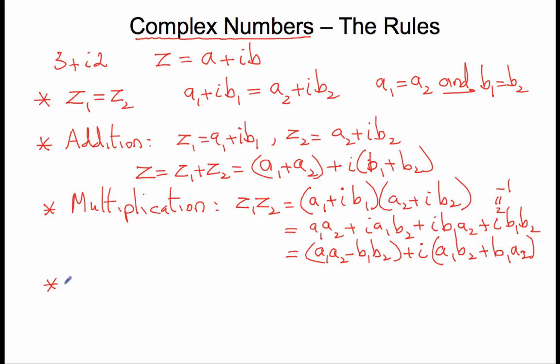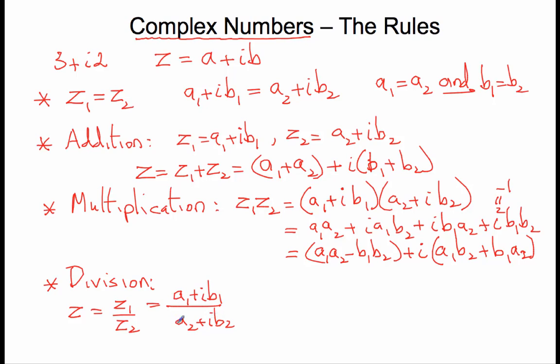Let's now come to the division of two complex numbers. So I want to divide z1 by z2. So let's write z as z1 divided by z2, and that's a1 plus i b1 divided by a2 plus i b2. Well, what are we going to do over here?